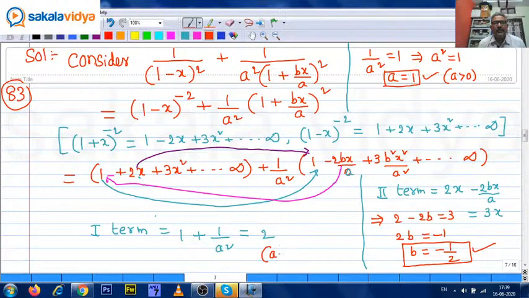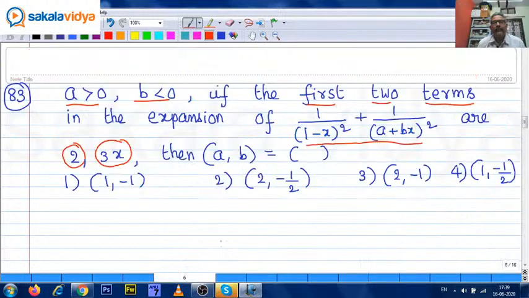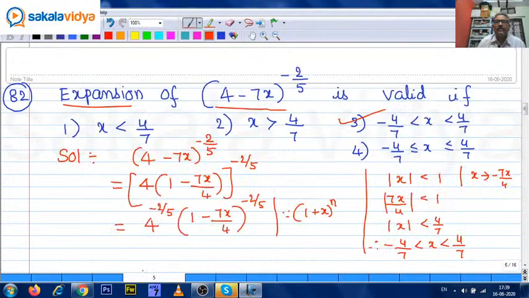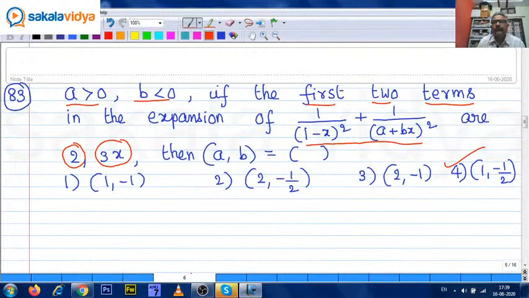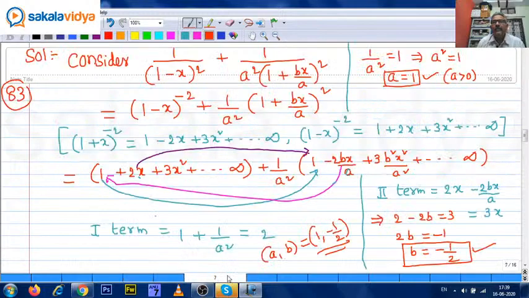A comma b equals 1 comma minus 1 by 2. So let us move to the question. The fourth option is the right option, not option 2. Let us check. Yes, 1 comma minus 1 by 2. Yes, correct.